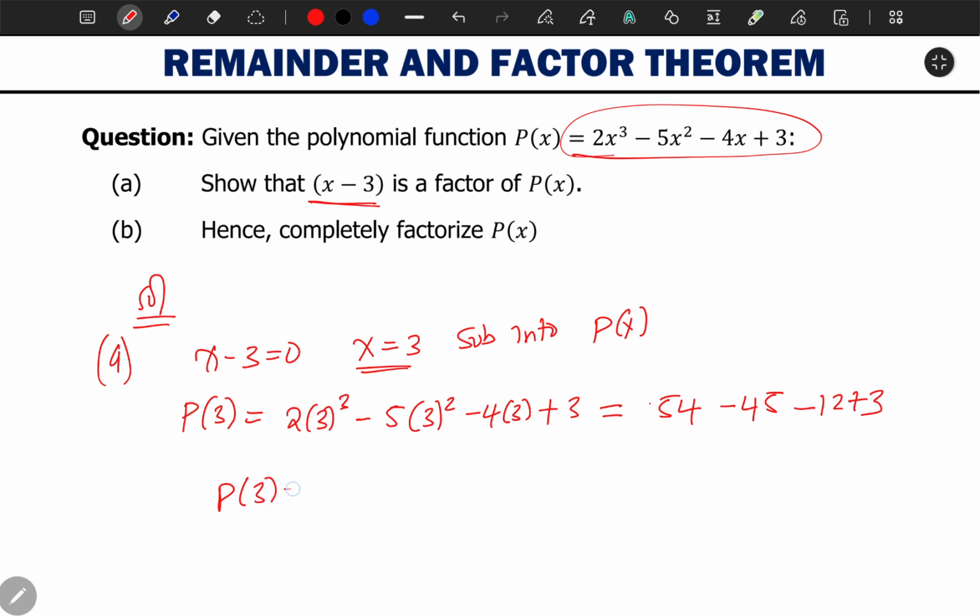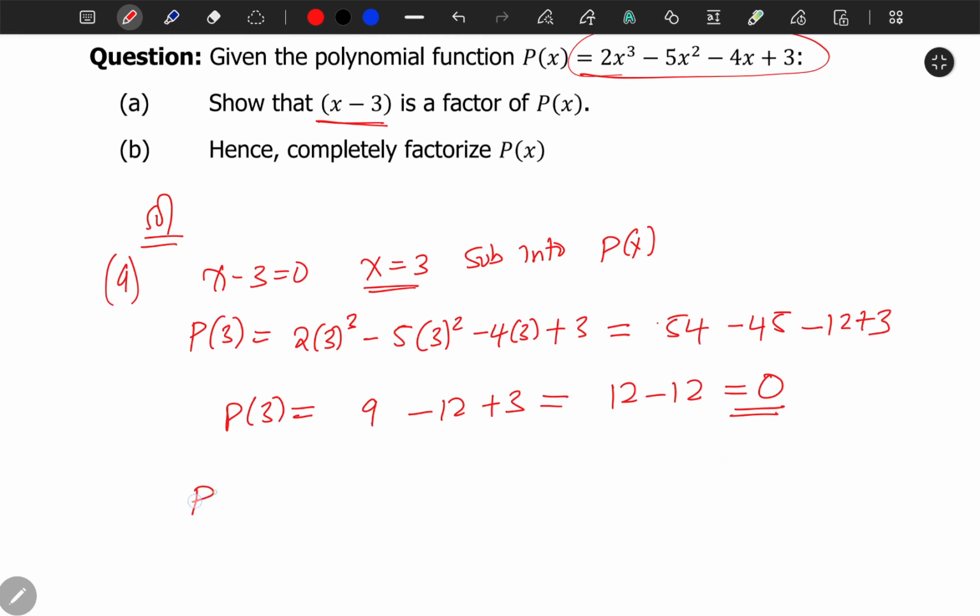So here we get 9, then minus 12 plus 3. Well, that is 12, so 12 minus 12 will be equal to 0, like I said. Now, you can see that p(3) is equal to 0.